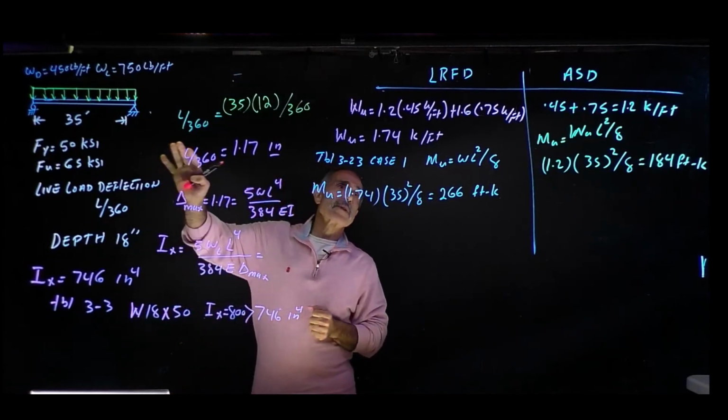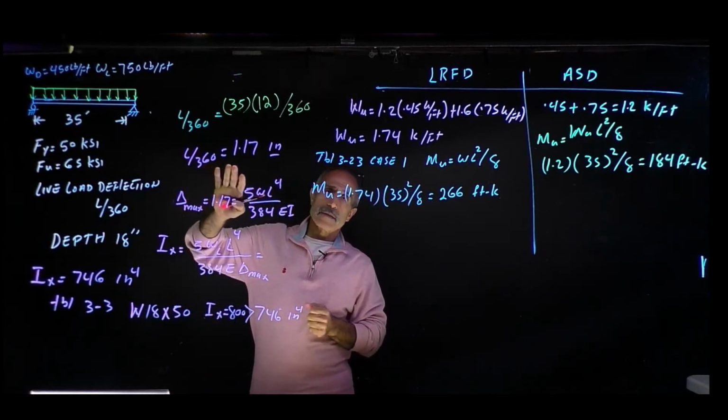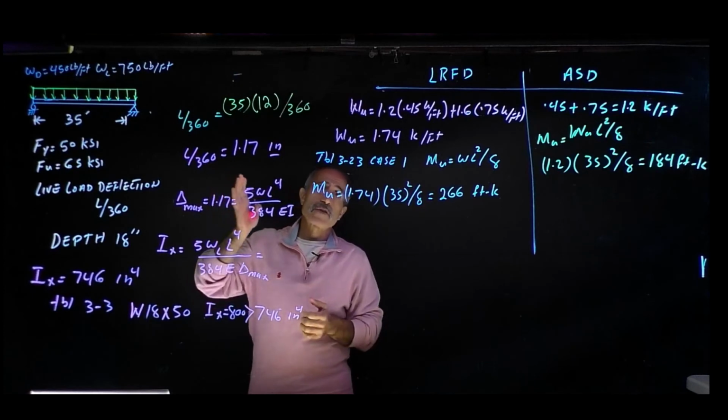So this beam is compact because it is laterally supported, and section F2 applies.